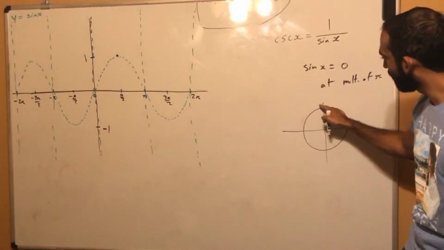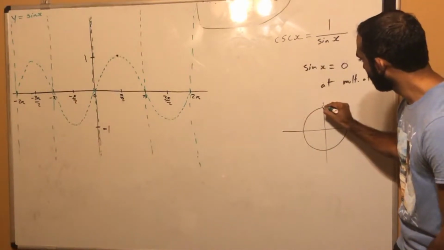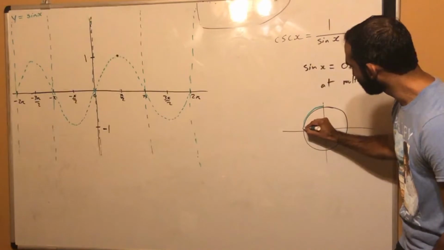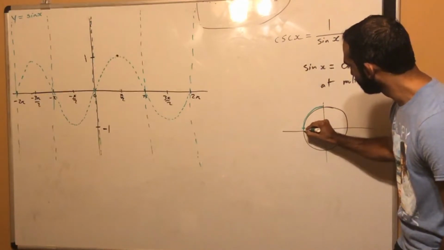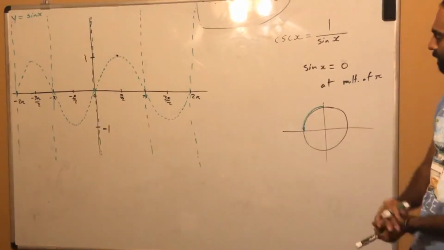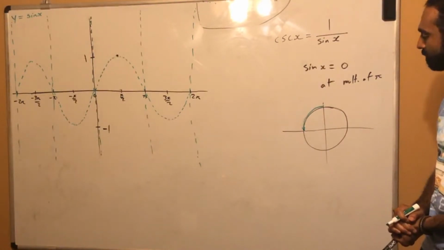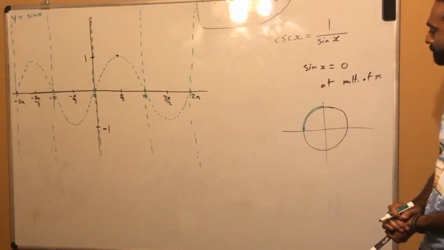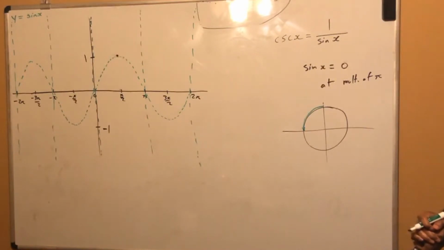So when I go from pi over 2 to pi, but stop just short of pi, at some point right there, what are the signs of my x and y coordinates? We're in quadrant 2. x is negative, and y is getting smaller, but still positive.